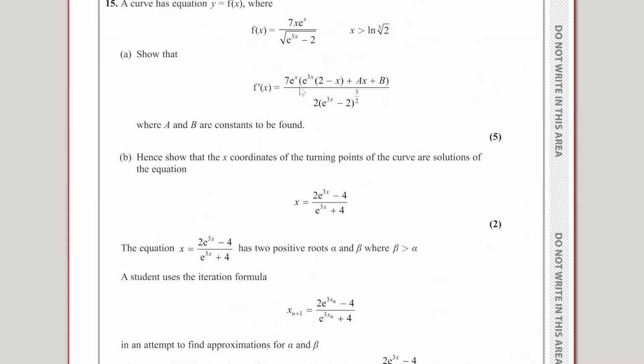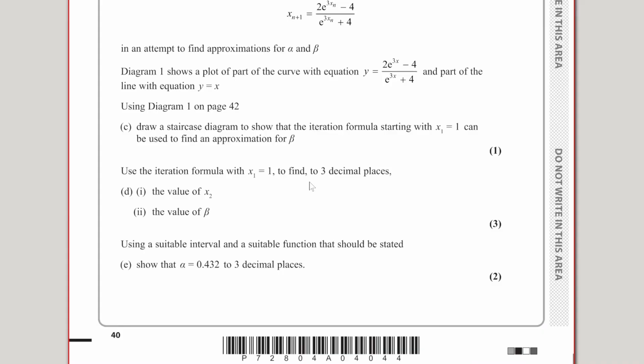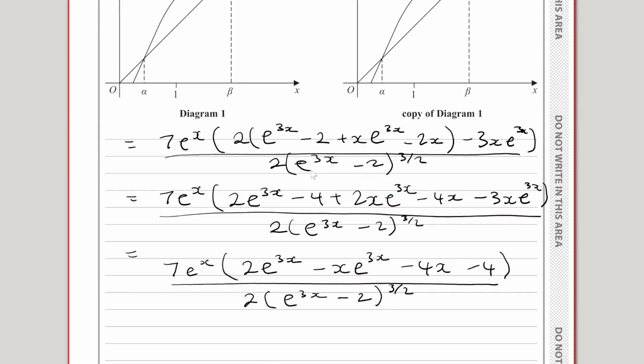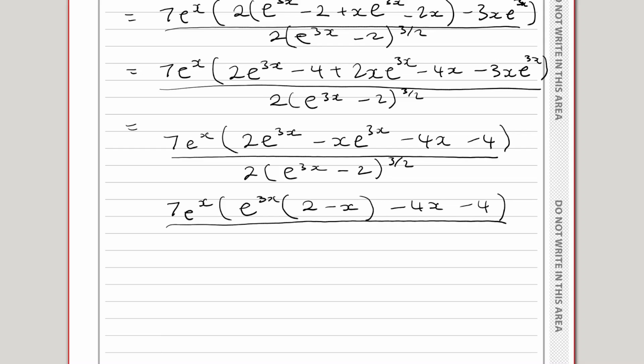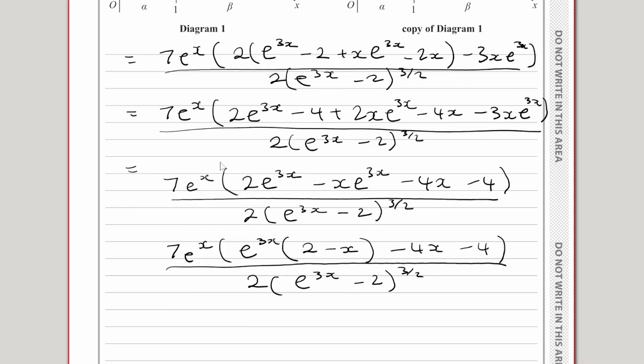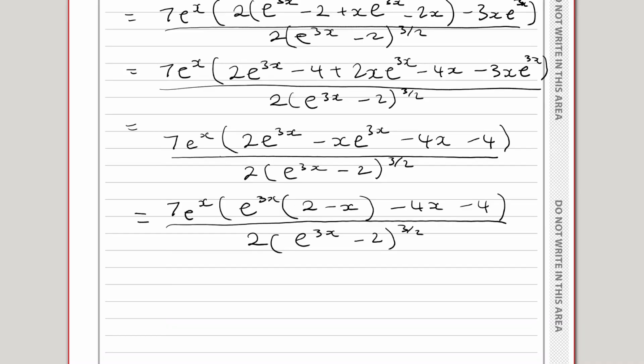I need e^(3x) factorized out. So e^(3x) comes out. So it's 7e^x, e^(3x) is out, leaving 2 minus x, minus 4x minus 4, over 2(e^(3x) minus 2) to the power of 3 over 2. And that is finally what we wanted.